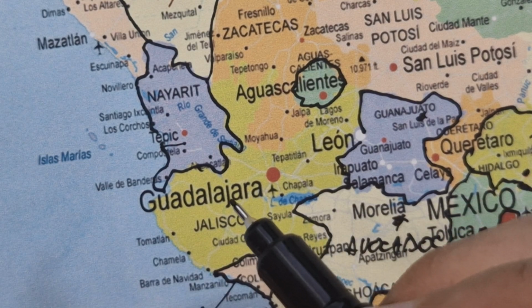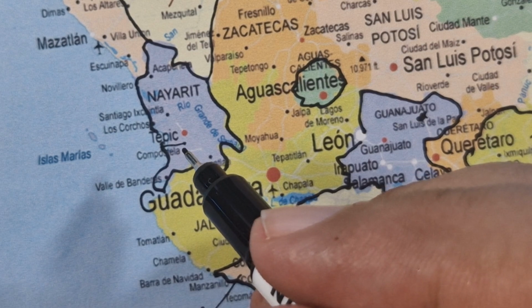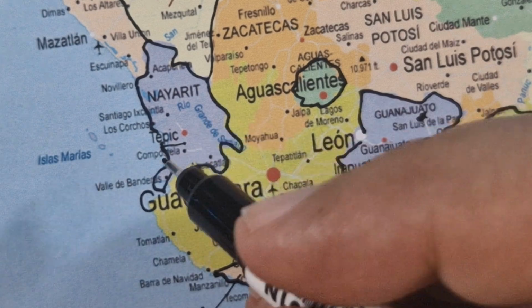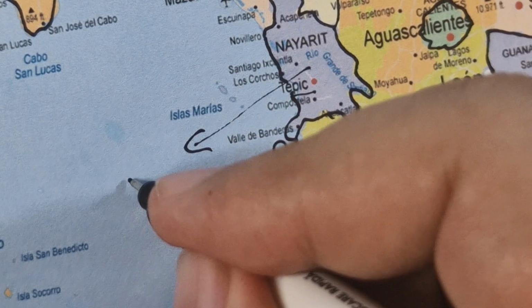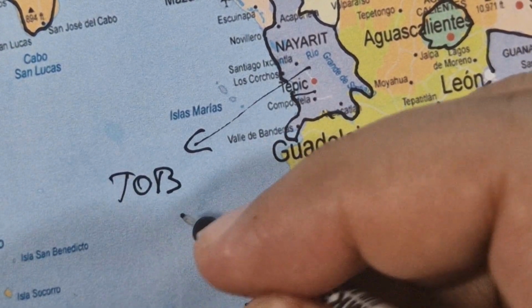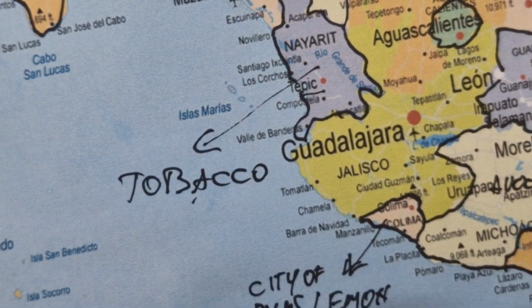Nayarit is the leading tobacco growing state in Mexico. Both tobacco and sugarcane are the primary export crops of the state. So here we have tobacco.